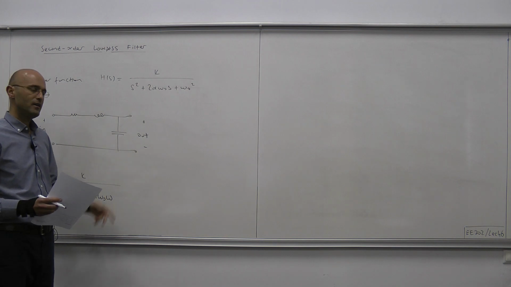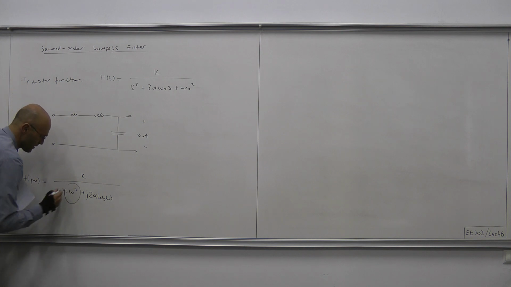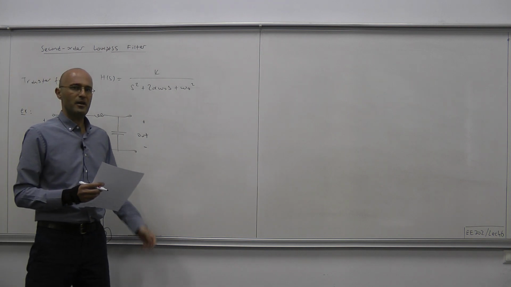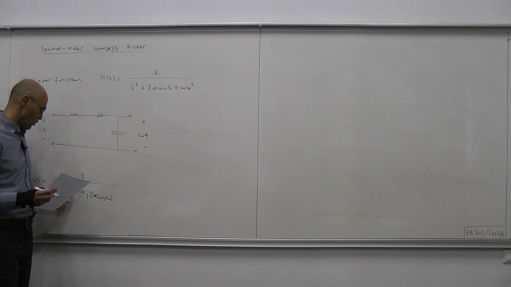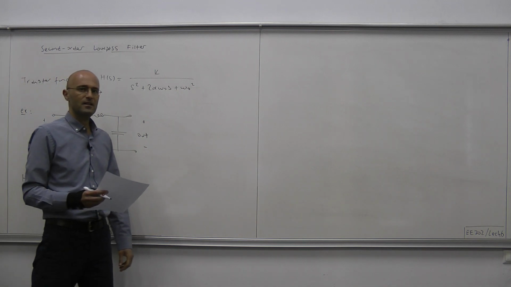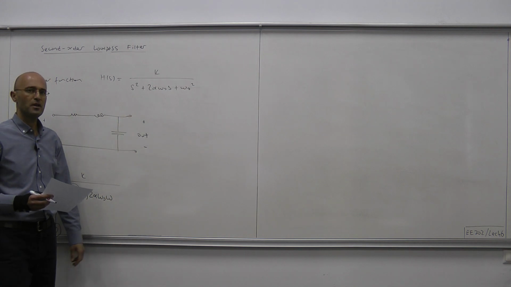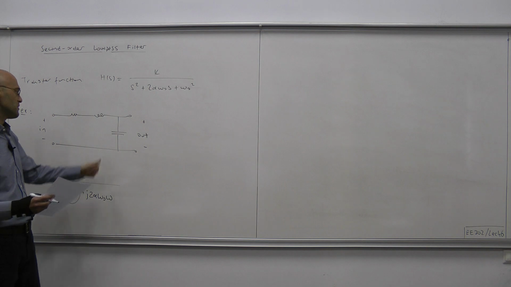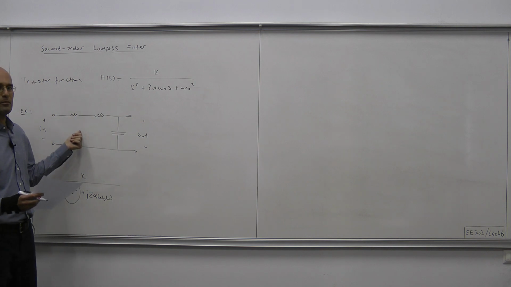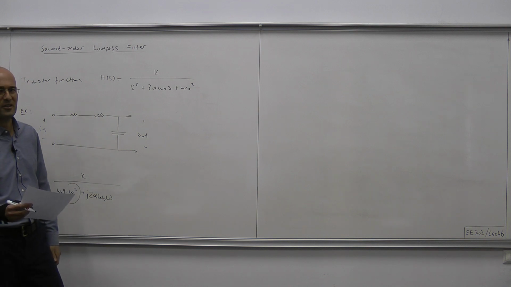Okay, so what about high frequencies? When the frequency is high, then this term dominates the denominator, and clearly k over omega square, omega being very large, produces something very tiny. So at high frequencies, not much passes to the other side, which is also clear from this example, because at high frequencies the impedance is 1 over j omega c.